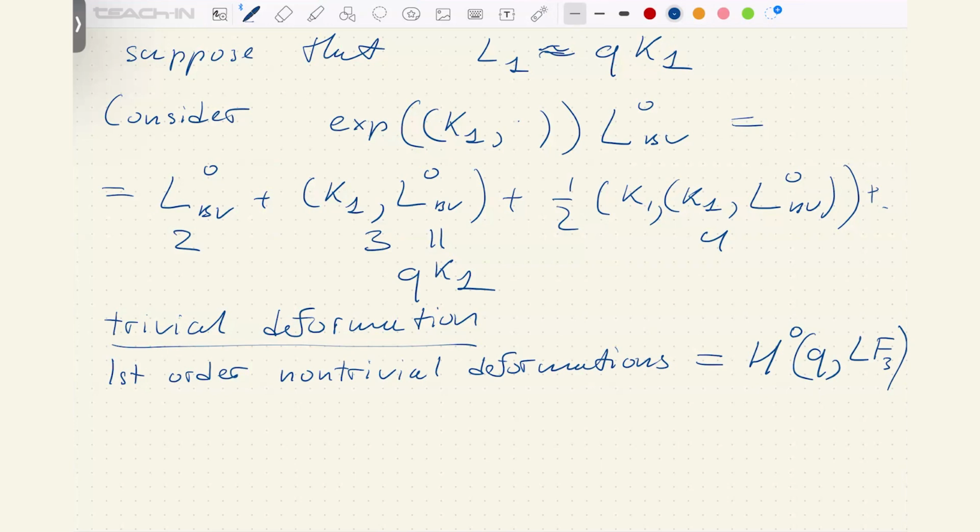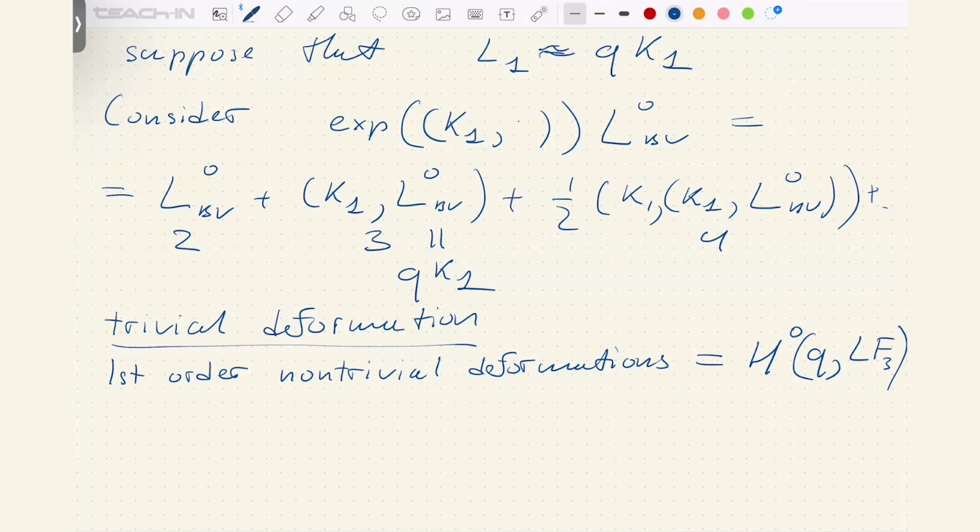So we see a homological characterization of first order consistent deformations, and sometimes these are called cubic vertices. If you consider just the anti-field independent piece in this L1, it is going to be a cubic expression in fields and their derivatives, which corresponds to a certain vertex, a certain interaction between our fields.